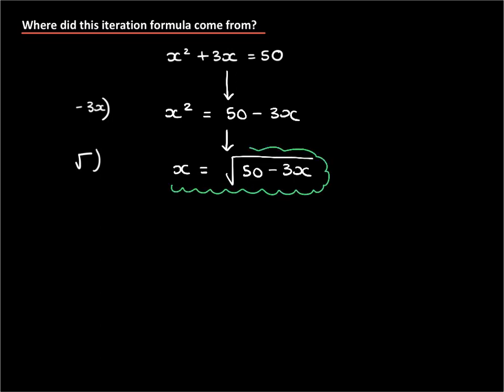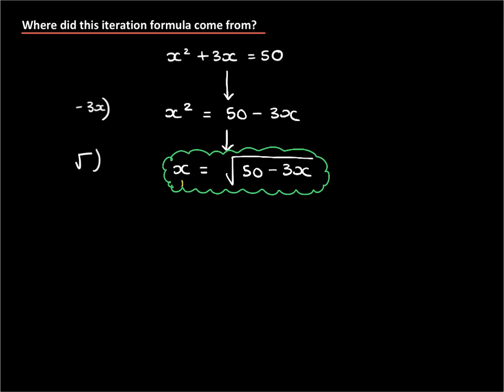Now, you may be thinking, well, that's a very unusual way of rearranging a formula. Normally when we do that, we don't like to have x on both sides of the equal sign, but look at the structure of it. x is equal to the square root of 50 take away 3x. There's the basis of our iteration formula.